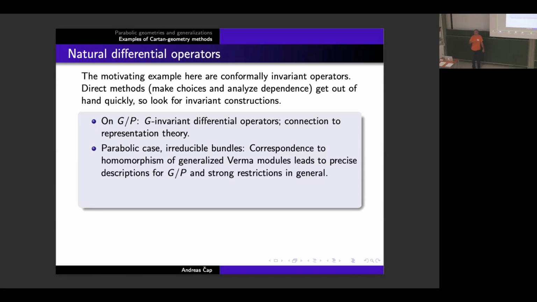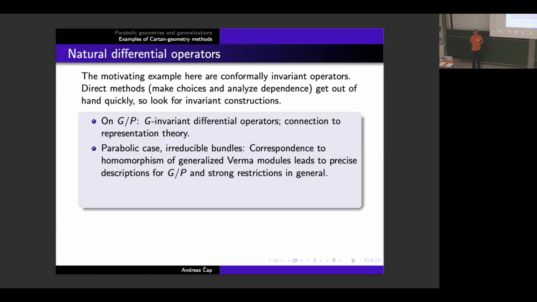So if you try to construct this, you would like to write it somehow in terms of lower order operators. But there is no invariant lower order operator there as long as you stay in the realm of irreducible bundles. Therefore, you have to go to something more general, which is, for example, tractor bundles or the Cartan geometry methods.